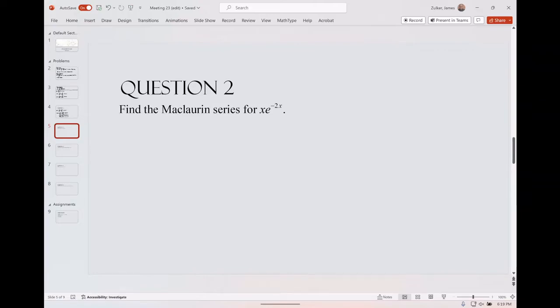x e to the negative 2x. Again, we could sit there and take successive derivatives until we notice a pattern. Or we can use what we already know e to the x to be.